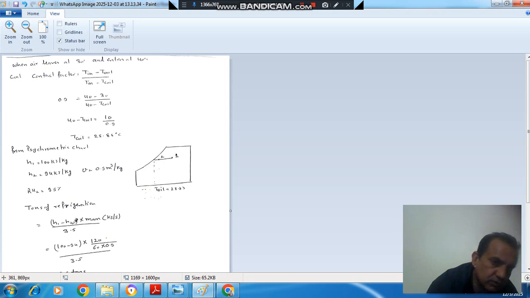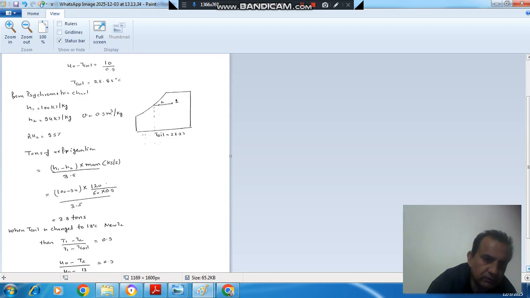So tons of refrigeration is H1 minus H2 into mass, divided by 3.5. Mass is volume flow rate by specific volume. Volume flow rate will be in meter cube per second. Okay. So now putting these values, we can find out tons of refrigeration. So that is the answer to the first question.